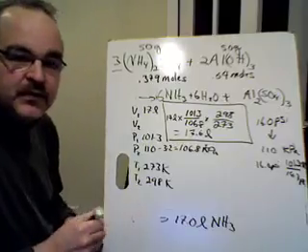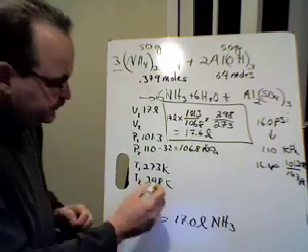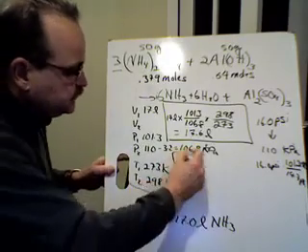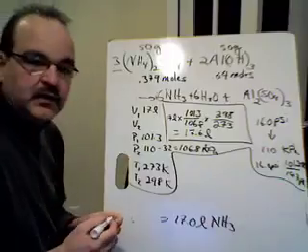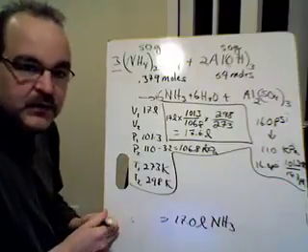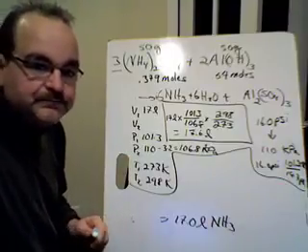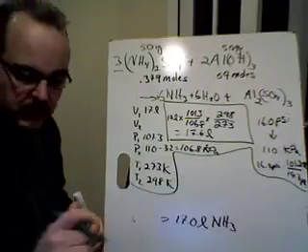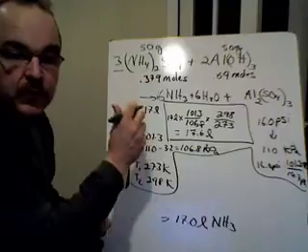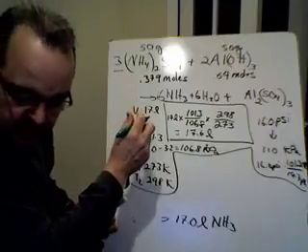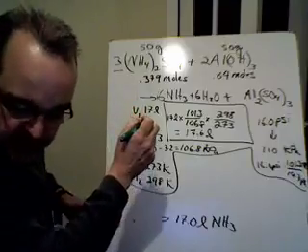Alright, so that was the combined gas law approach. The ideal gas law approach is a little bit different, but not much. If you remember, the number of moles of gas that we had produced, that is the moles of ammonia, was 0.758.